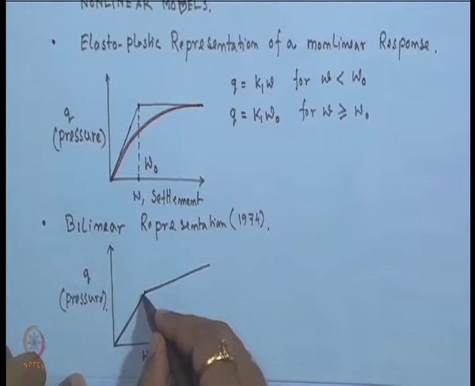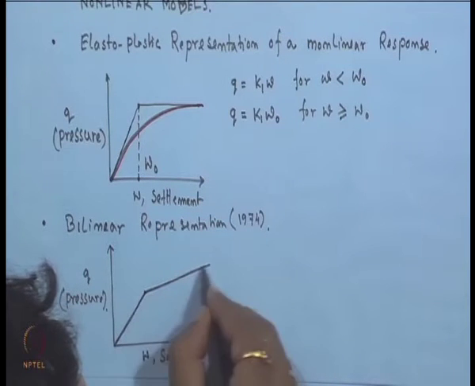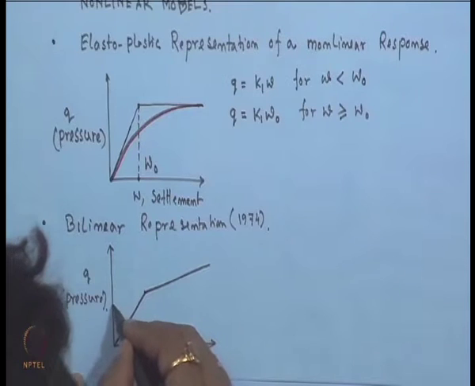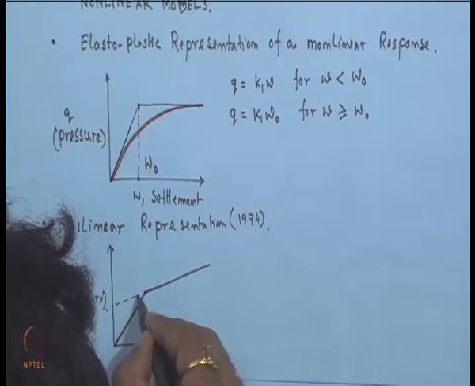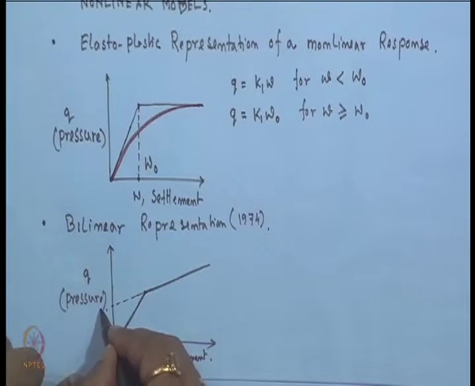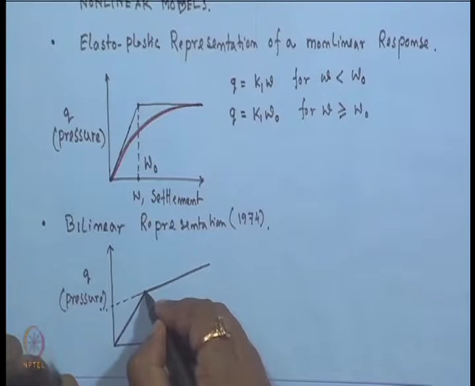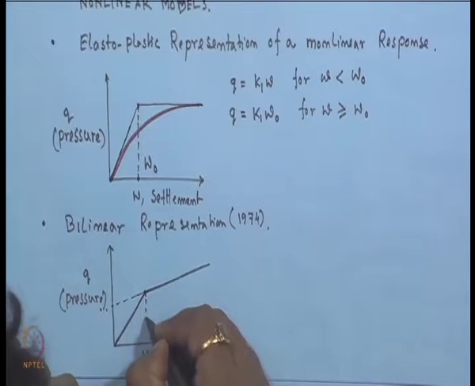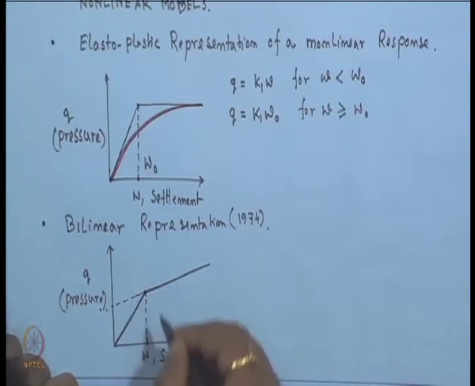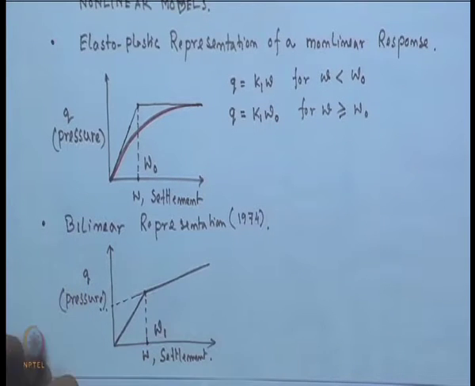This is the initial part, and then the next another linear line. So, if I extend that second line, that value is Q 0, and then we will get the deflection of the intersection point, say W 1.